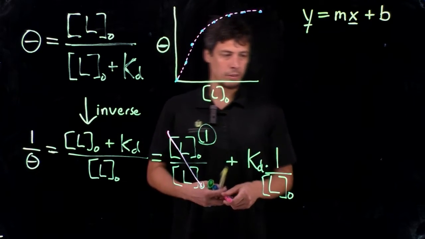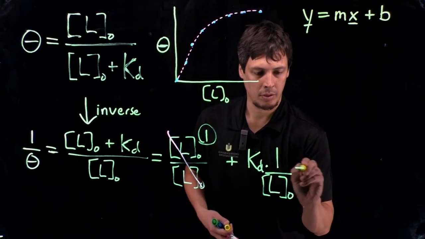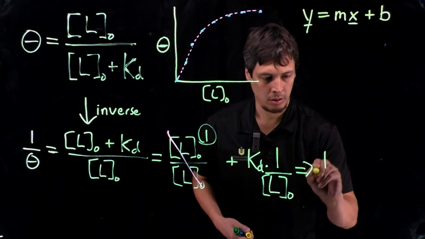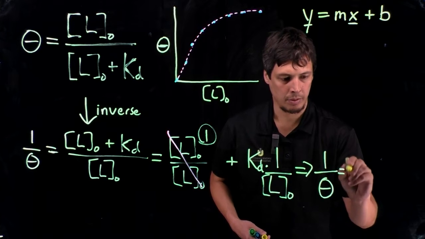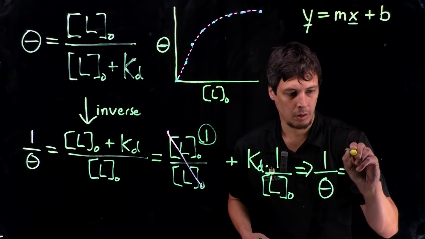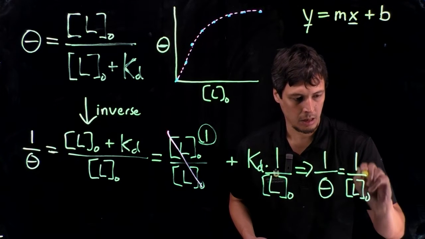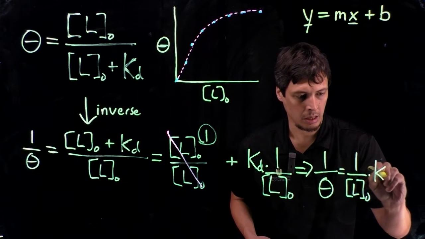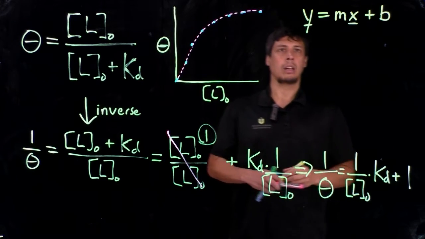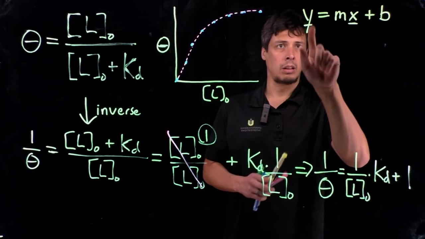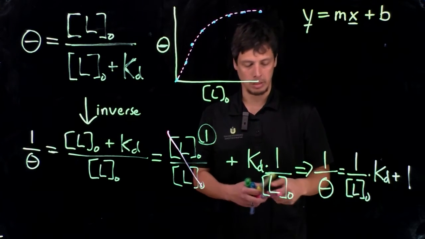And so what we get is a final equation where 1 over theta equals 1 over ligand naught times Kd plus 1.